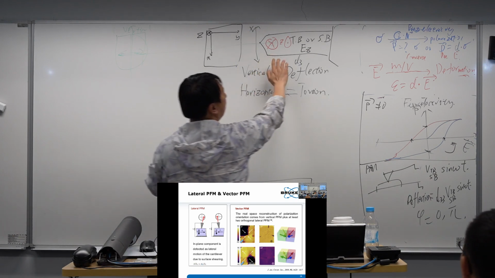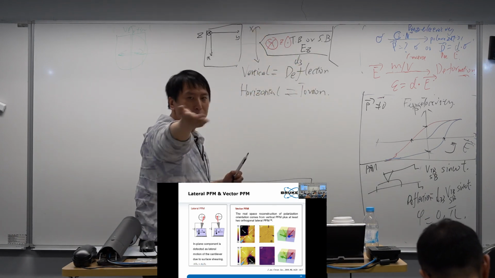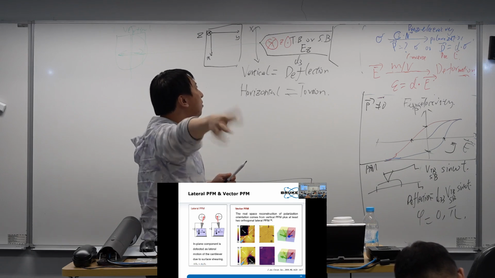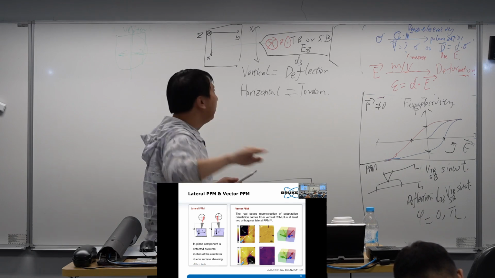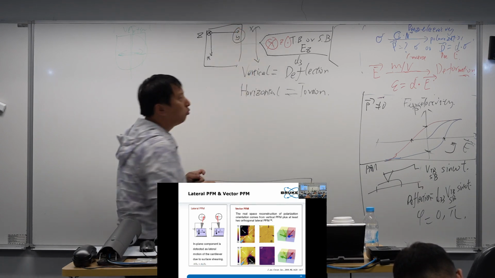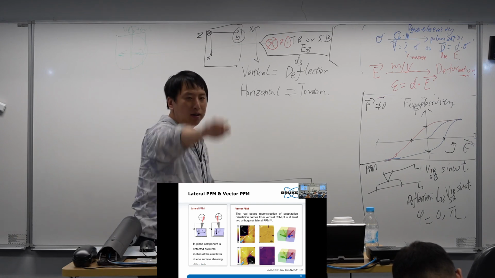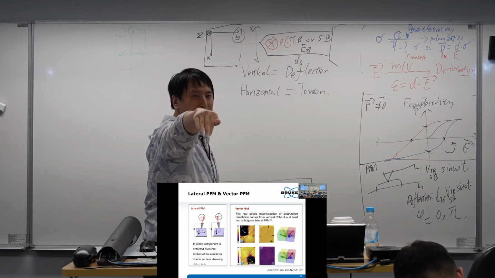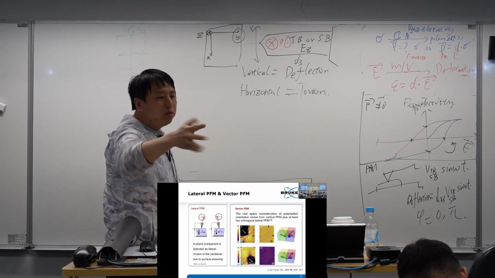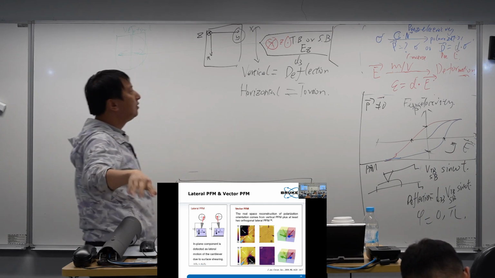If we give a force in the x direction, our probe will be torsioned or rotated in this way. How about we apply a force in the y direction? It will cause the probe to be something like this, right? So that's the three movements in x, y, and z.